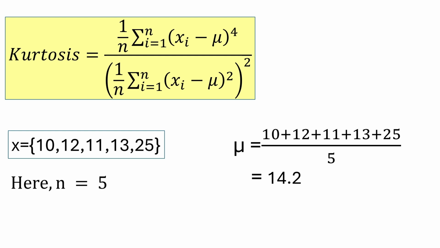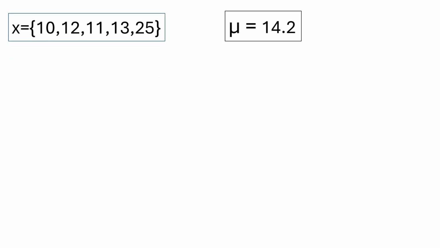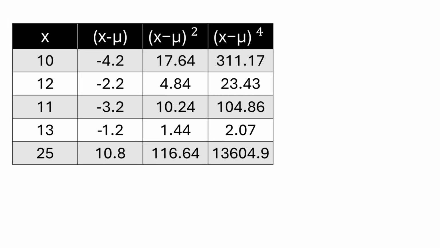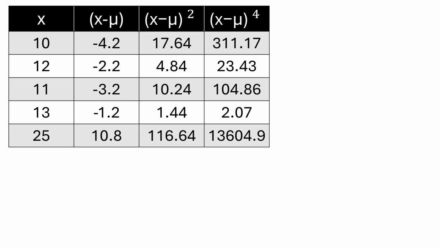Now, let's draw a table and find out (x minus mu) squared and (x minus mu) to the power 4 of all the data points. These are the values that we got. Now take the sum of the (x minus mu) squared column and of the (x minus mu) to the power 4 column.